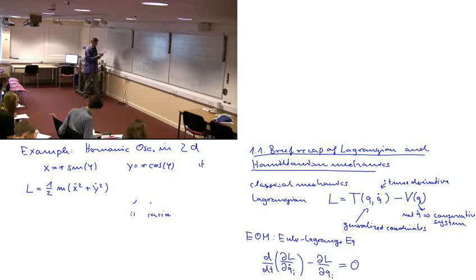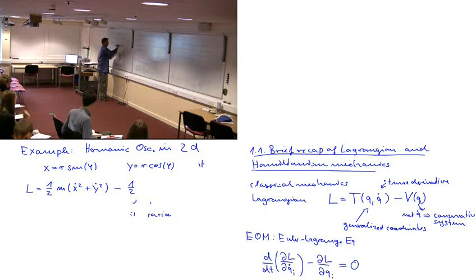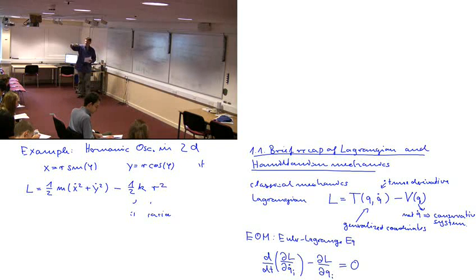That's just Pythagoras. And then we have our potential energy, which for a harmonic oscillator is nothing but the spring constant, by a suitable normalization, times r squared, because the potential just depends on how far you are away from the origin.